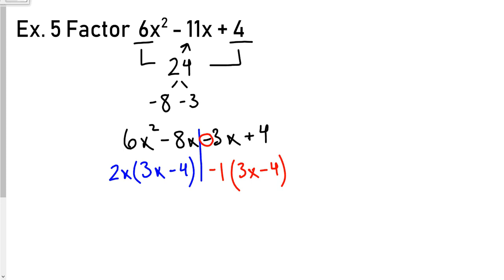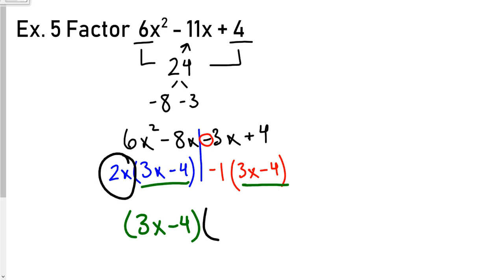Because remember, when I factor out a negative, it changes the signs. And what do we have here? Matching factors, so we can factor those out. So we have 3x minus 4 is our big common factor. And then the other one is going to come from 2x and minus 1.